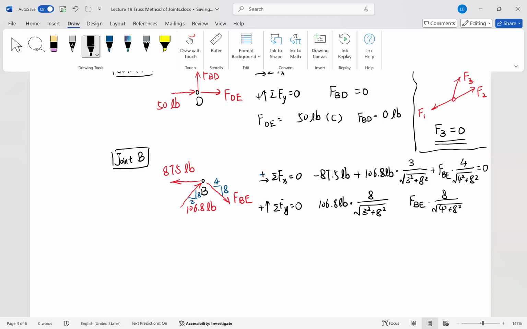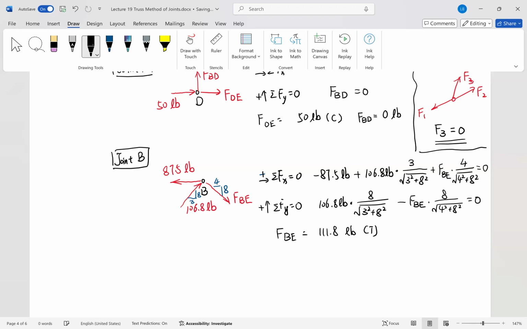Now it's downward, right? That is all the information. So solving either of the equations, you are going to have FBE equals 111.8 pounds. Since it is positive, it is tension, right?